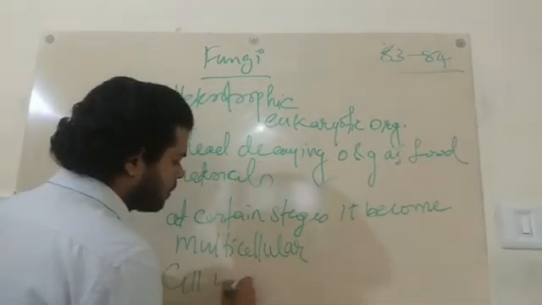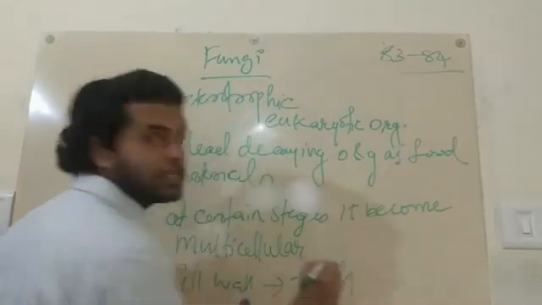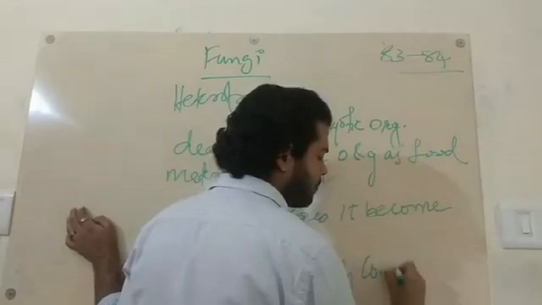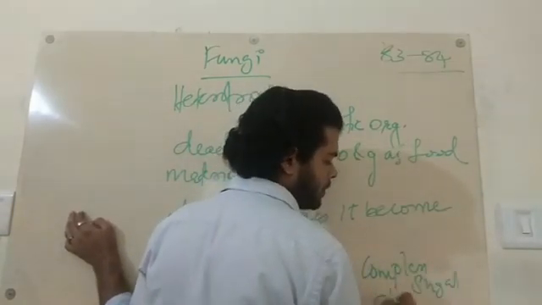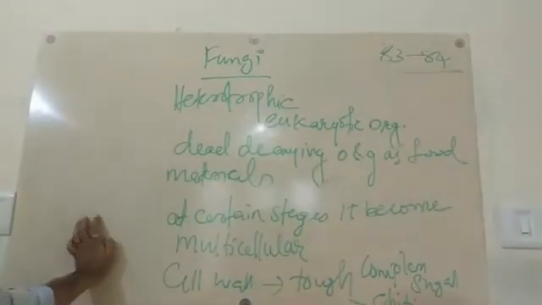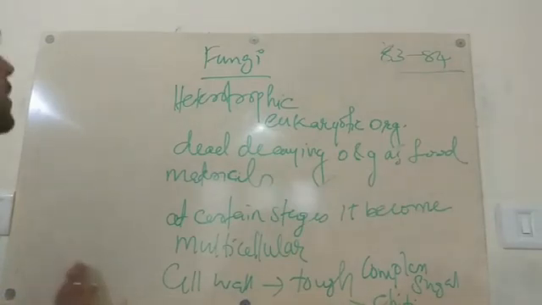Okay, the cell wall is made up of tough substances, that means tough complex sugar, that is chitin. Okay, that is chitin.